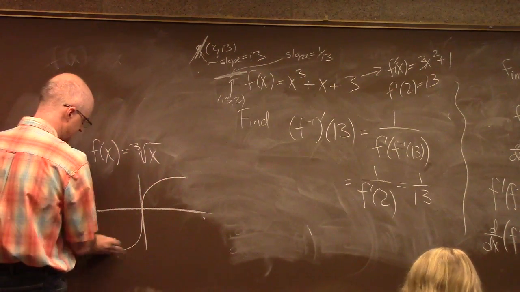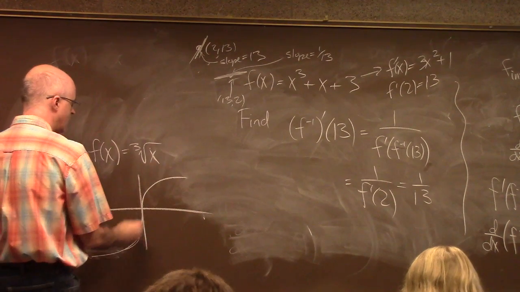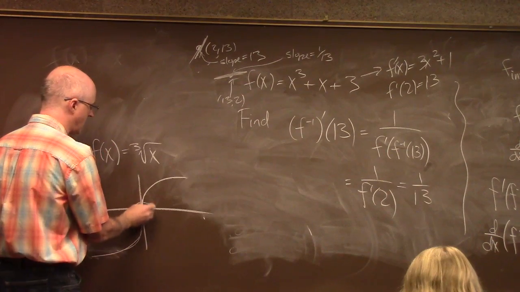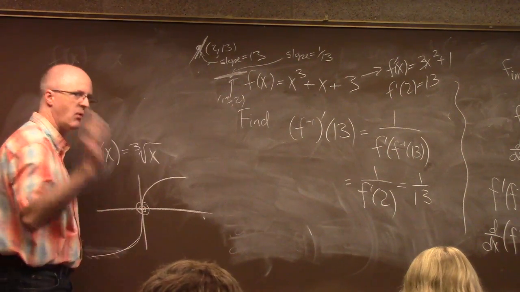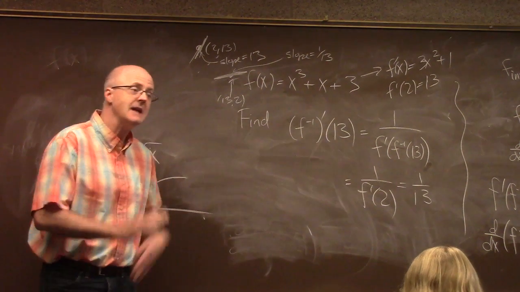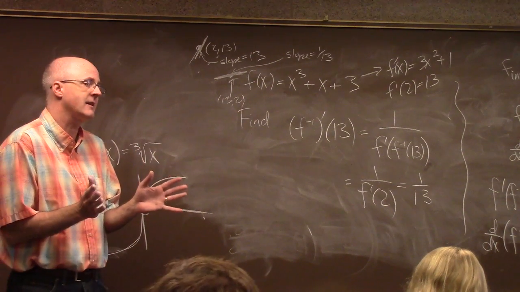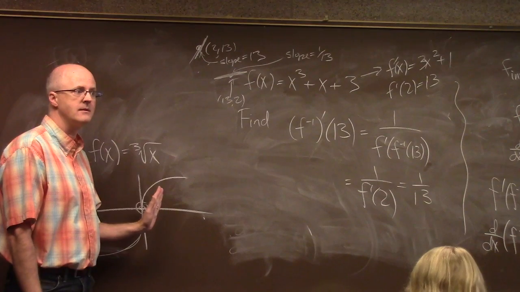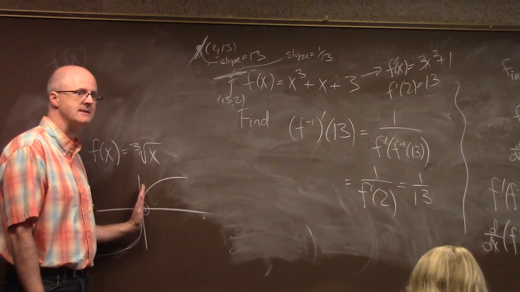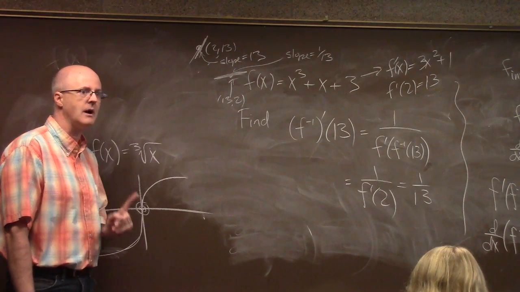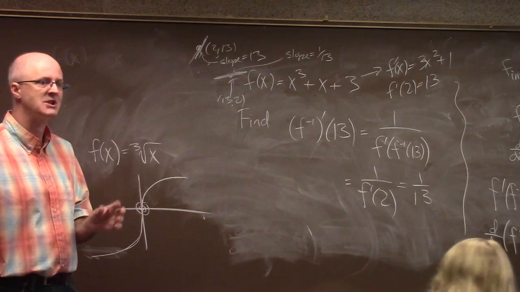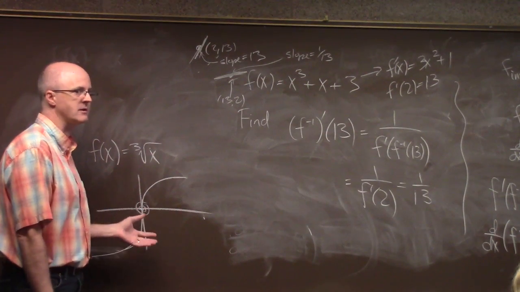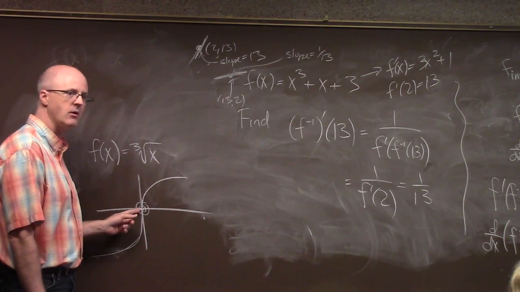The graph looks about like this. But at the origin, there's a vertical tangent line. If you zoom in near the origin, the graph looks more and more vertical. It does pass the vertical line test, by the way. No vertical line goes through it more than once, including the y-axis. But the tangent line is vertical.